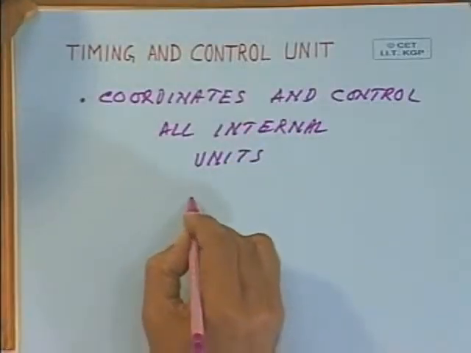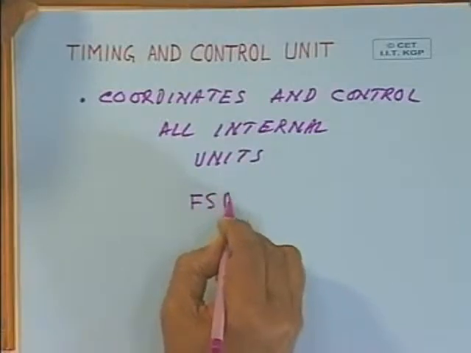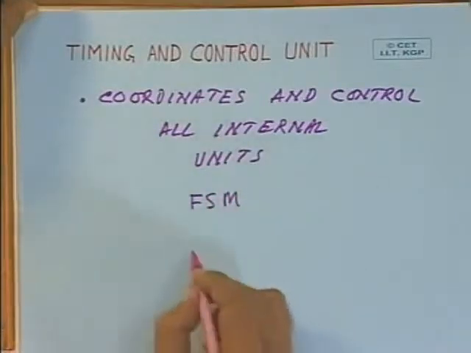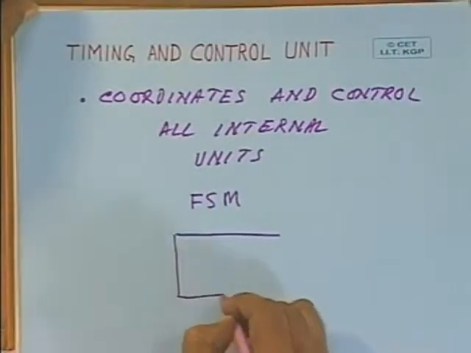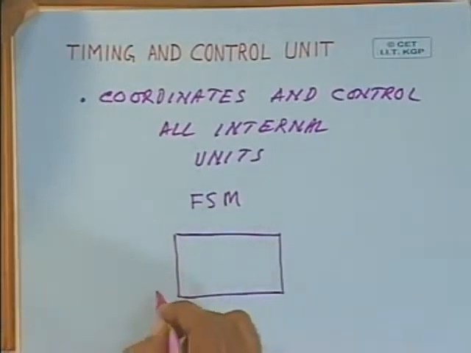Later on, you will see that timing and control is nothing but a finite state machine, FSM. This is the general block diagram of an FSM.